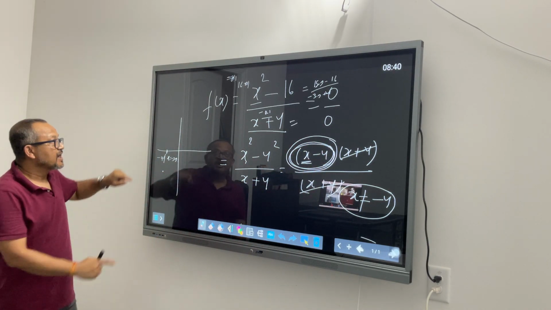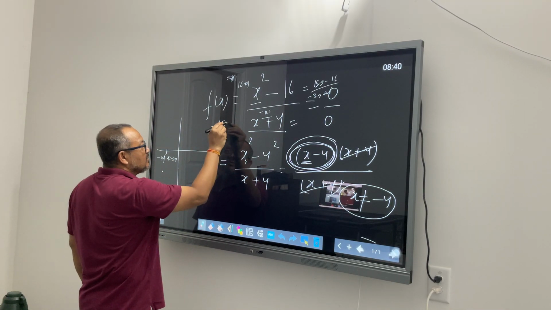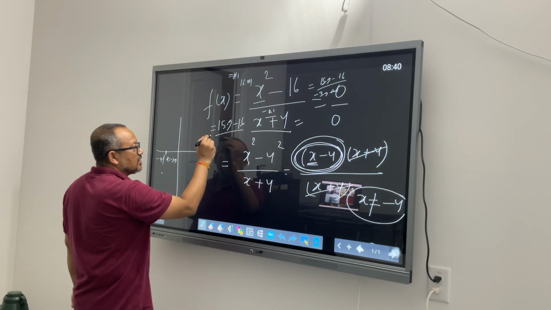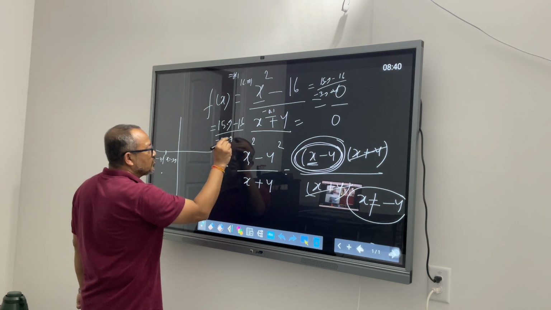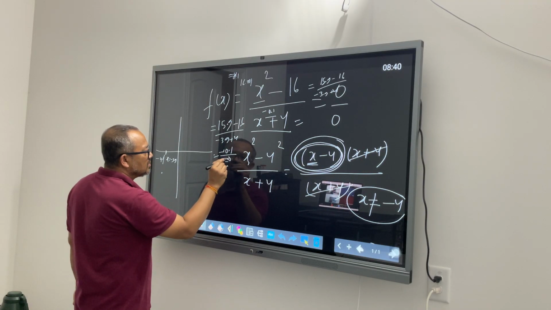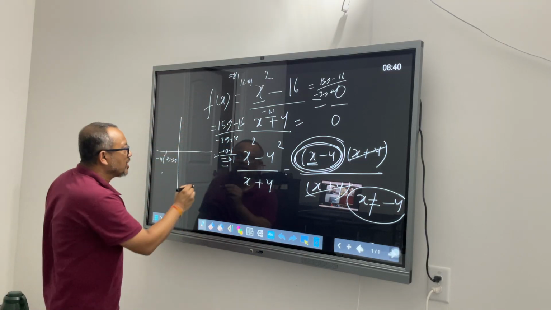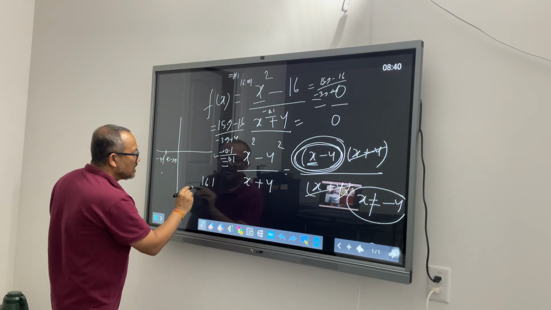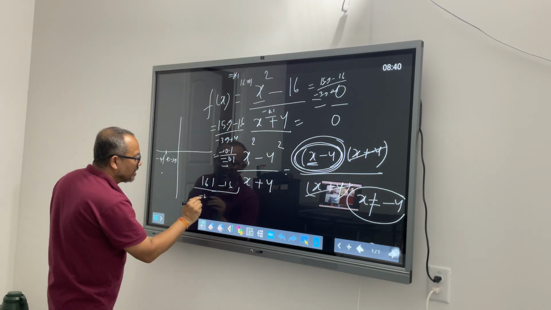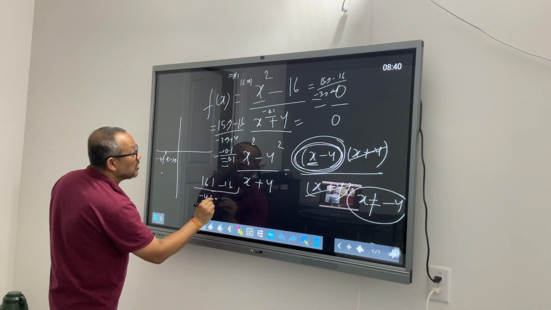Yeah. So let's see. When it's minus 3.9, I'll just make it up. It will be 15.9 minus 16 divided by minus 3.9 plus 4. It will be minus 0.1 divided by 0.1. If it is minus 4.1, this becomes 16.1 minus 16 divided by minus 4.1 plus 4.